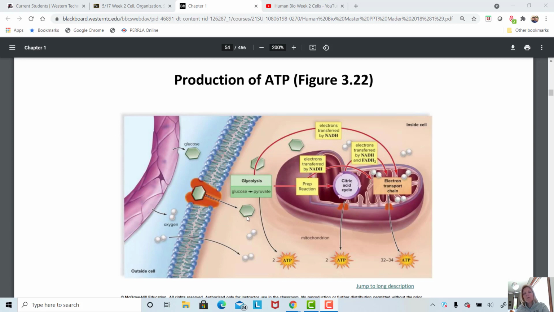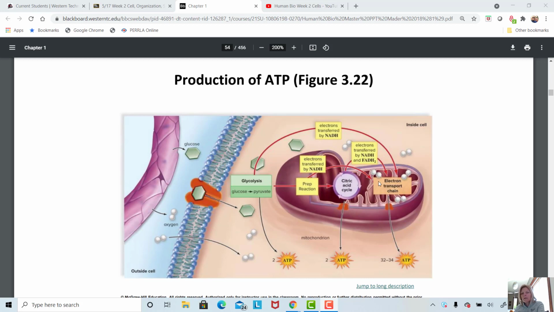So that glucose is broken down into pyruvate out in the cytoplasm through a process called glycolysis. That pyruvate enters into the mitochondrion. It enters into this process called the citric acid cycle, which occurs in the matrix, in the fluid portion of the mitochondria. And that releases carbon dioxide and makes a little bit of ATP.